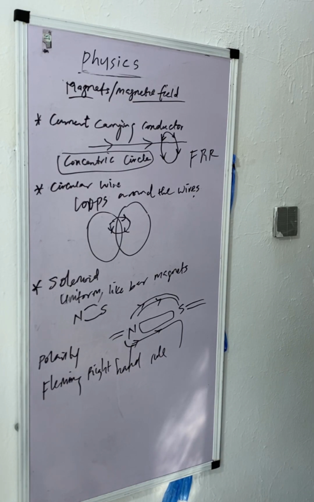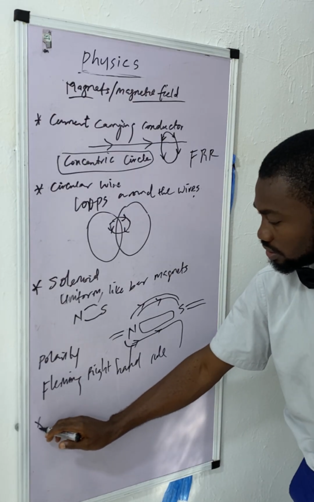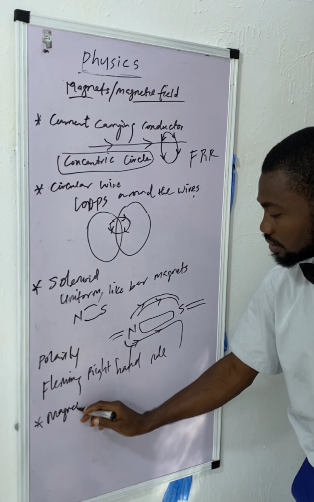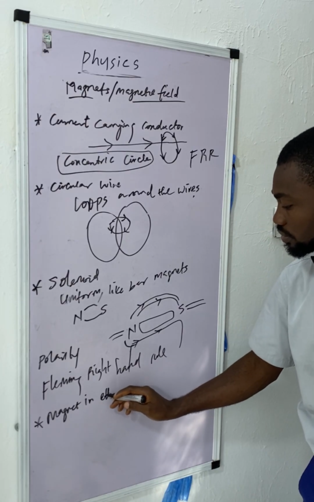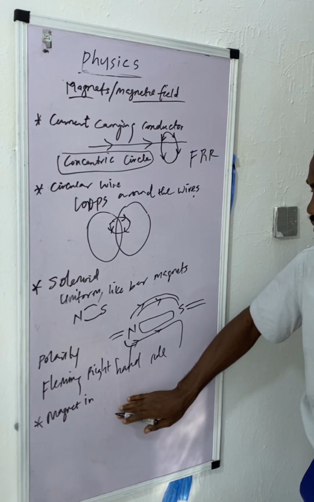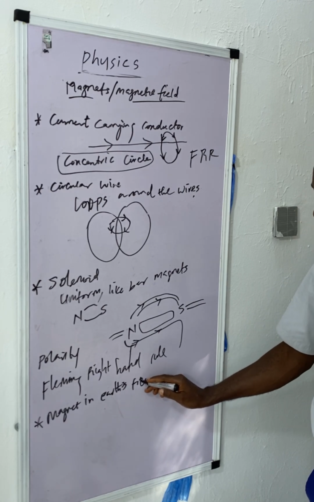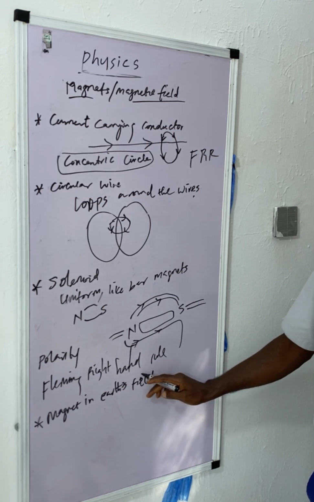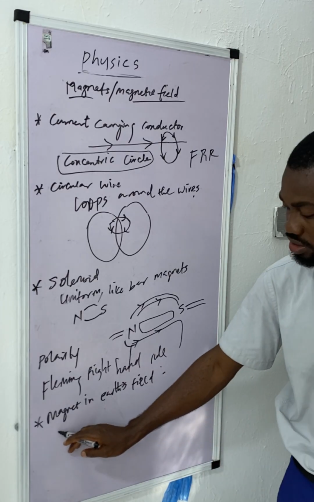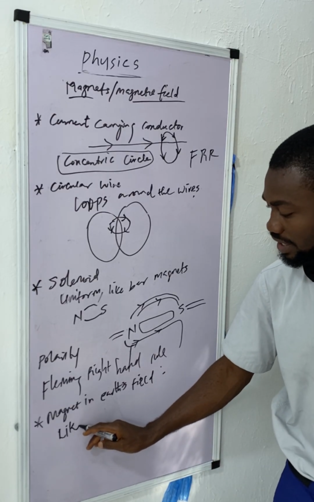Before we understand what Fleming's right hand rule is, let's do the final one, which is the flux pattern of a magnet placed in the earth's field. What do we expect? It's like that of the earth.